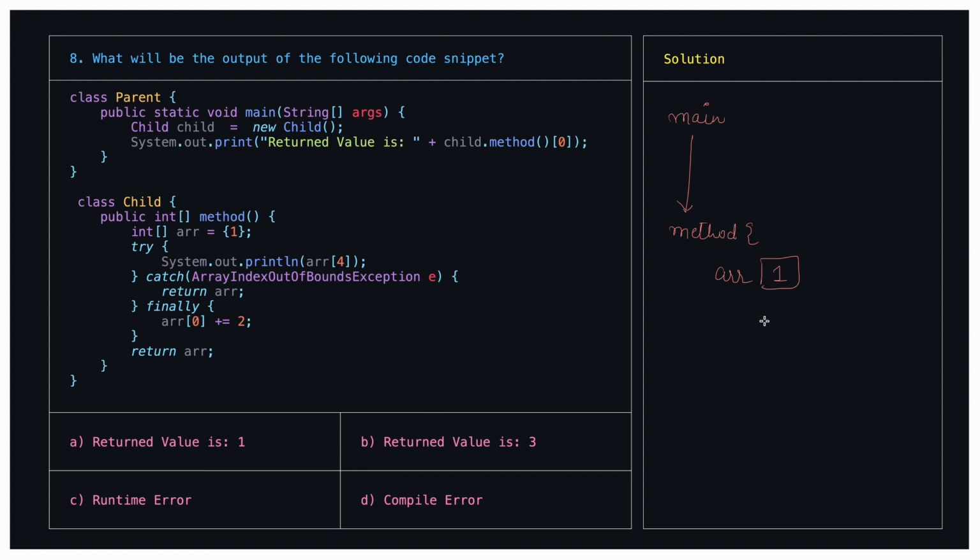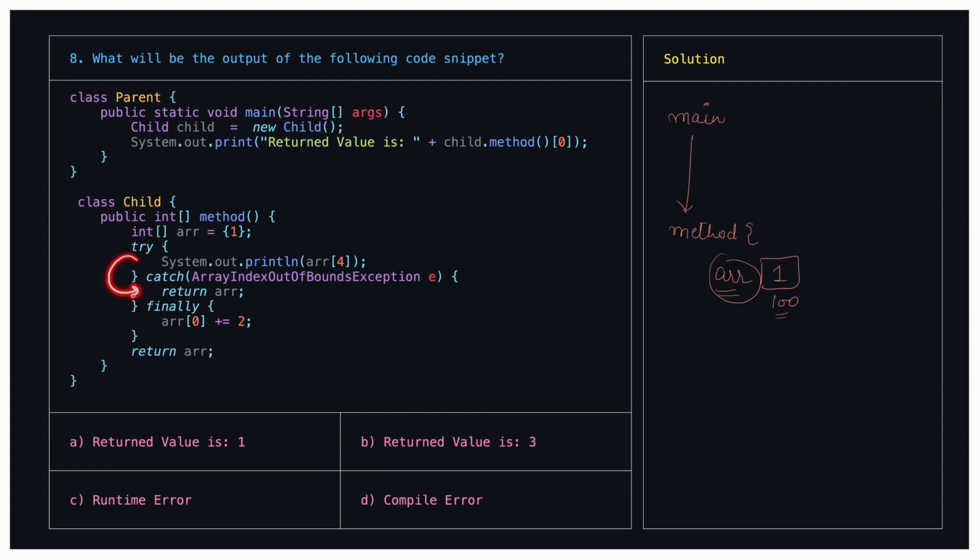And let's say this array is stored at address 100. The base address of the array will be 100. Okay, so again it says print the element at 4th index, which is not possible. Array index out of bounds exception.